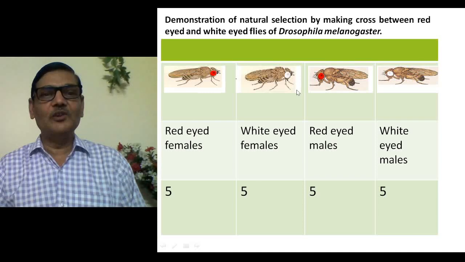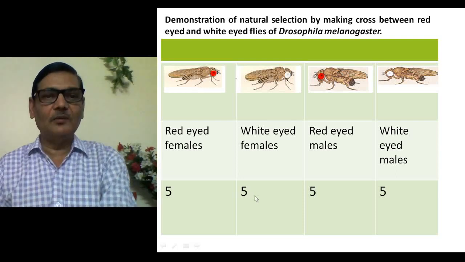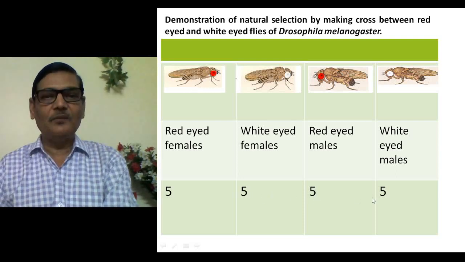And to start an experiment, we take 5 flies of each type, that is 5 red-eyed females, 5 white-eyed females, 5 red-eyed males and 5 white-eyed males. So we can put these 20 flies in a food bottle.